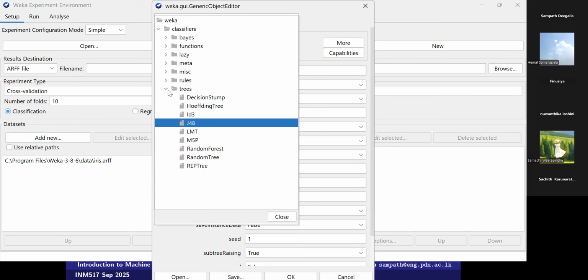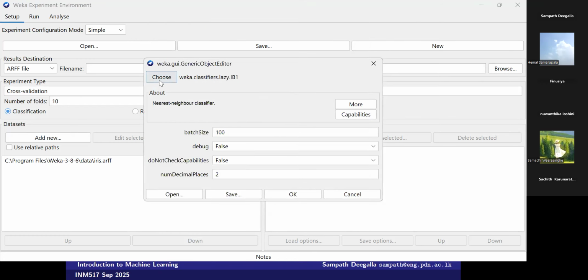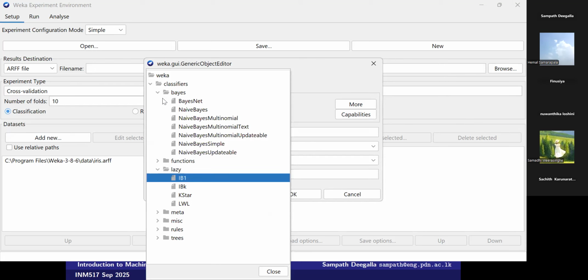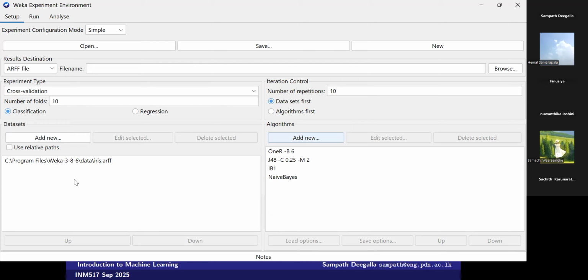And then we'll go for nearest neighbor, and then naive Bayes. So you can notice that we have one data set and 4 algorithms: 1R, J48, that is decision tree, IB1, that is one nearest neighbor, and finally, naive Bayes.